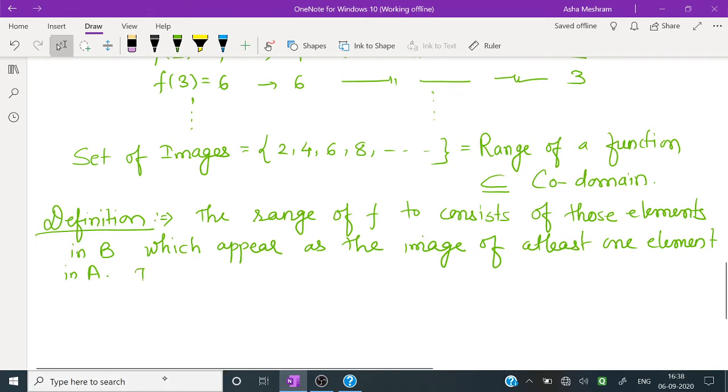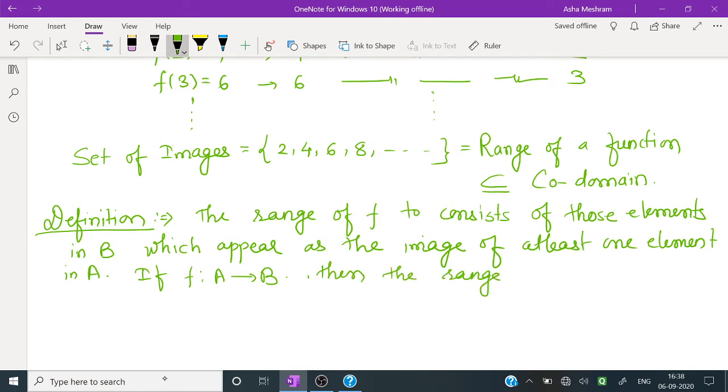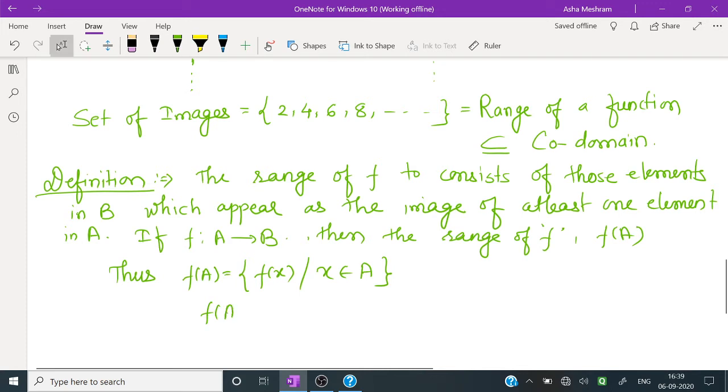In the form of set, if f is a mapping from A to B, then the range of f, denoted as f of A, is the set which contains all the images of x under f, where x belongs to A. And here always f of A is a subset of B. What is meant by B?